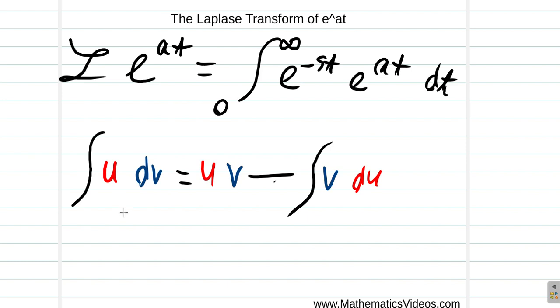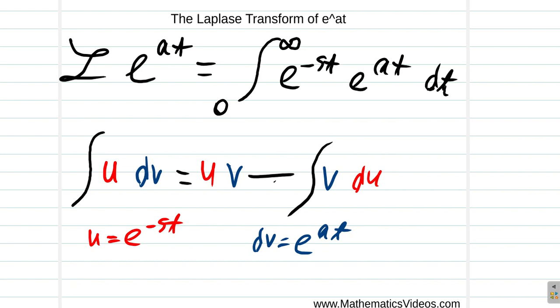Now, we're going to use the e to the negative st as our u. So u is equal to e to the negative st, and dv is e to the at.